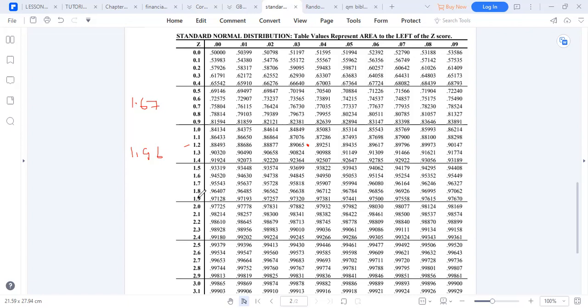So 1.9 and another 6. Yes, this one here, 0.975. Excellent. How about 1.67? 0.95254. We go under 1.6 and under 7.